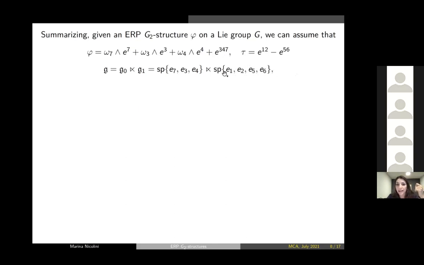This 1, 2, 5, 6 is an abelian ideal of G, and 3 and 4 is an abelian ideal of G0. So the Lie bracket is given by the adjoints of E7 restricted to 3 and 4, because it's an abelian ideal of this 3-dimensional space, and the adjoint of 7, 3, and 4 restricted to G1.